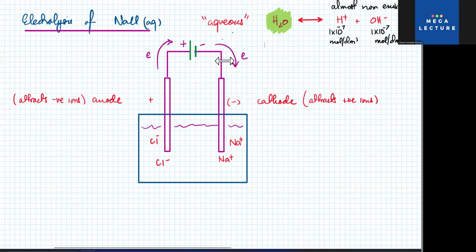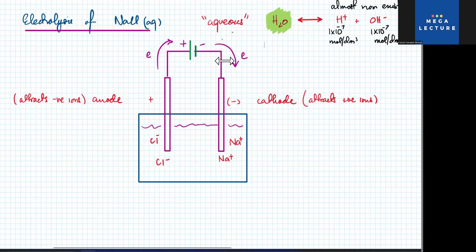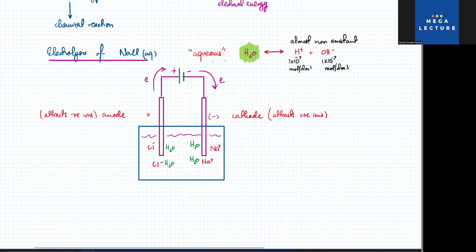So water is going to be everywhere, at the cathode and at the anode as well. Is that clear? Yes, sir.